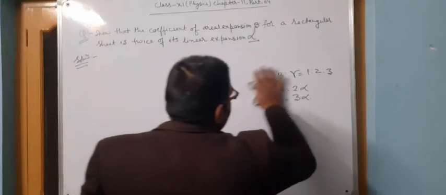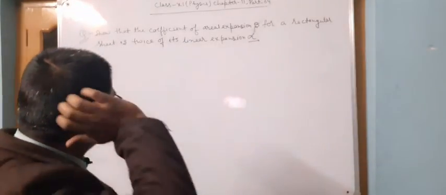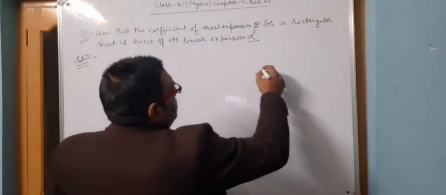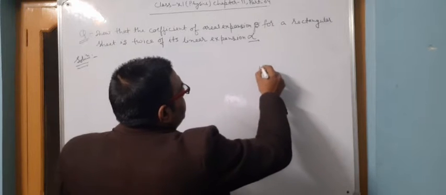So look at how we are going to prove that the coefficient of areal expansion is twice the linear expansion coefficient. For this we are supposing a rectangular sheet.